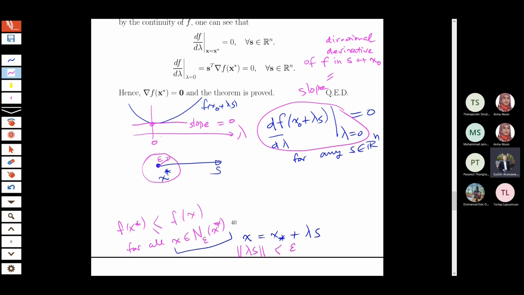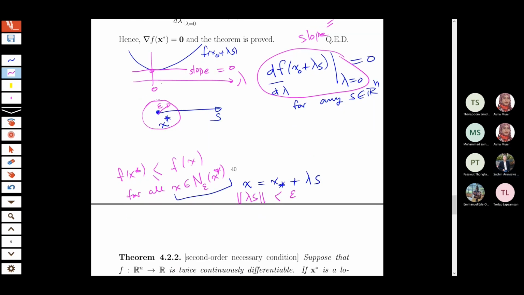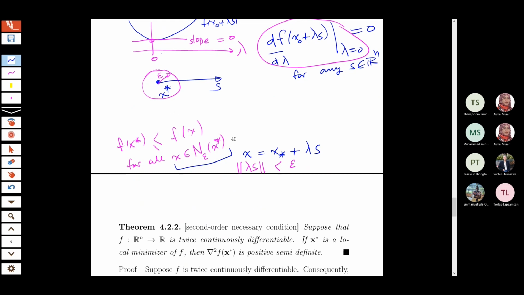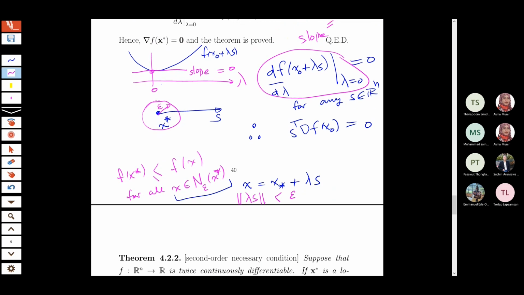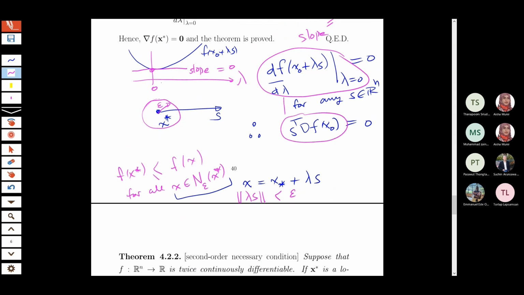And therefore, this is equal to what? Therefore, we see that this slope is equal to s transpose grad f(x naught).